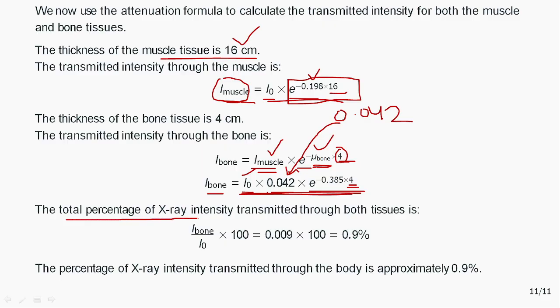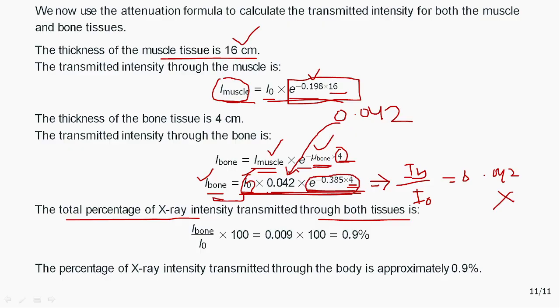The total percentage of X-ray intensity transmitted through the bone is this one, which can be calculated by taking the percentage. So I bone divided by I naught gives 0.042 into this value here.